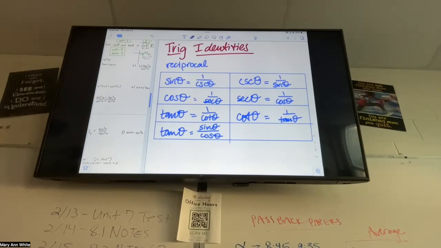Isn't that cool? What's cotangent gonna be then? It's cosine over sine. Very good, we're gonna flip that, reciprocal. Now I have every single trig function written in some kind of terms of sine and cosine, okay? That is what we want to see.